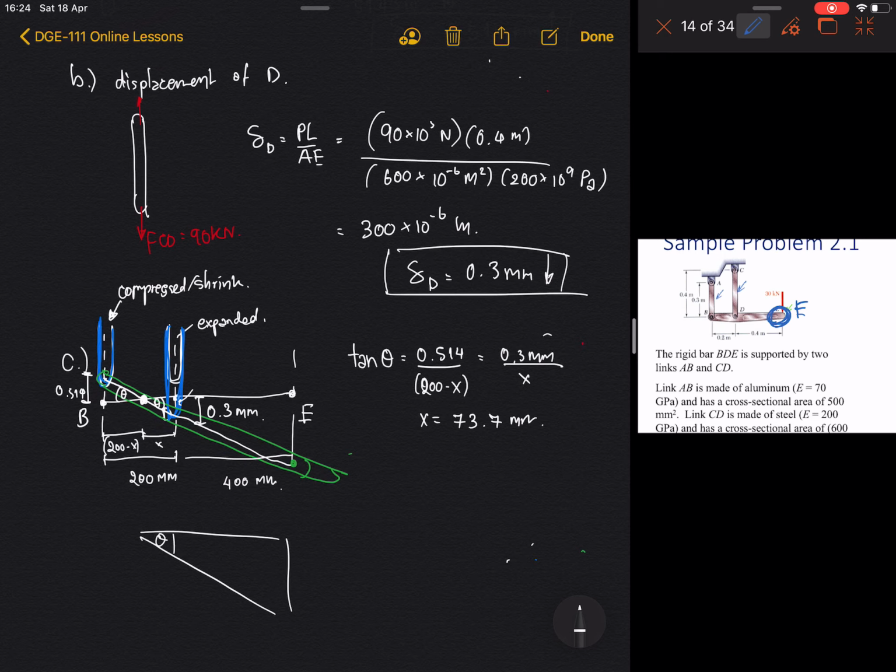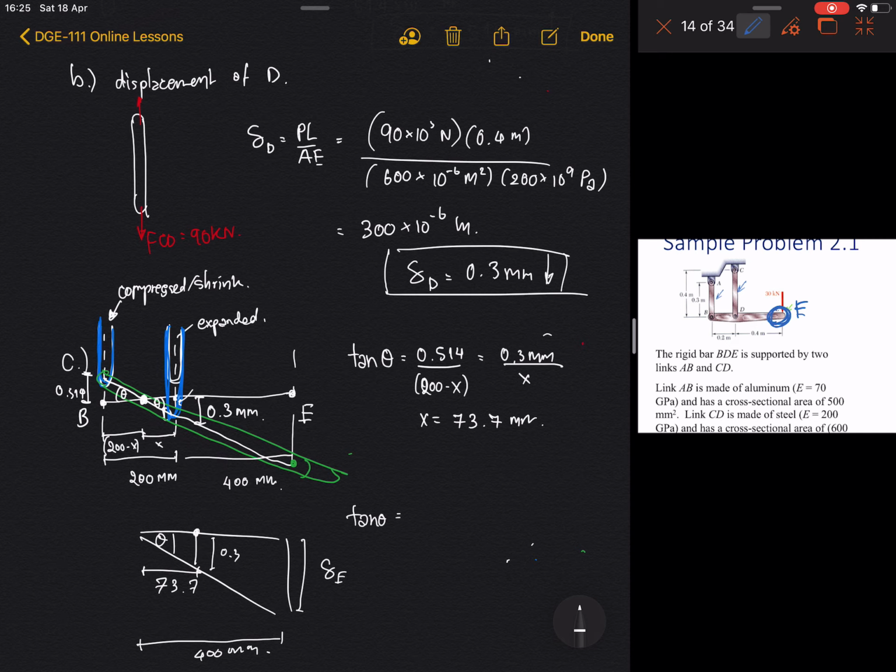You know x is 73.7 and this is 400 millimeters. You know tan theta again, this one is 0.3, and this one is the deformation lambda e here.